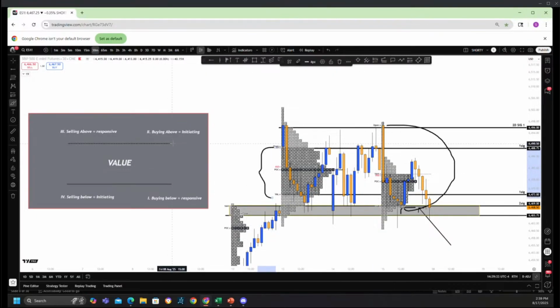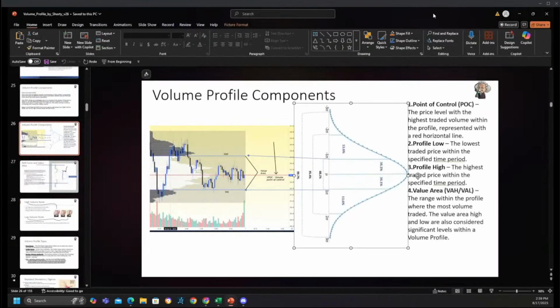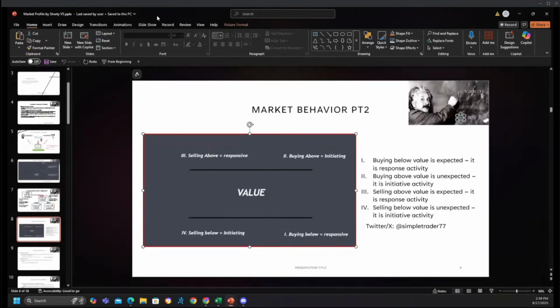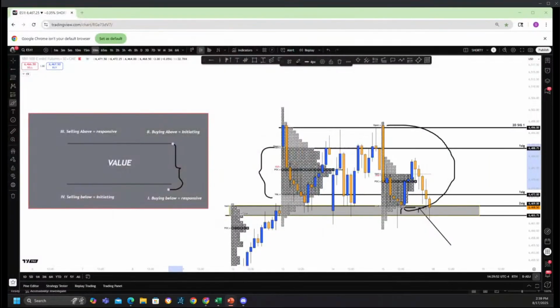When the price goes above value, what is the most probable activity to occur? Let me hide this before you guys start cheating. The responsive participants go up and sell. What is expected behavior above the value area high in the bracket market? Is it buying or selling? Selling.